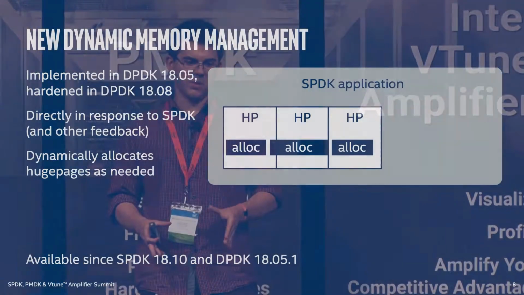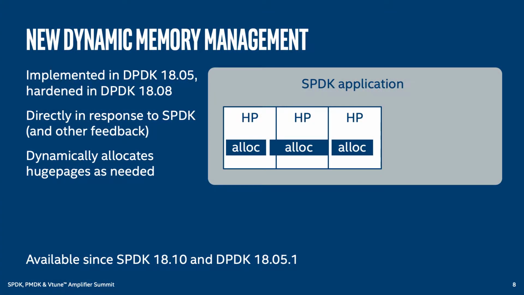Okay, and with this memory model, all huge pages are reserved at runtime. So when you start your SPDK application, there are no huge pages reserved. You could still reserve huge pages at initialization. You could still provide that command line parameter with some memory size, but you don't have to do that anymore.